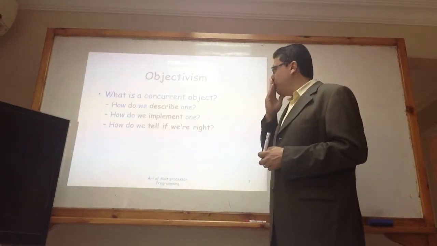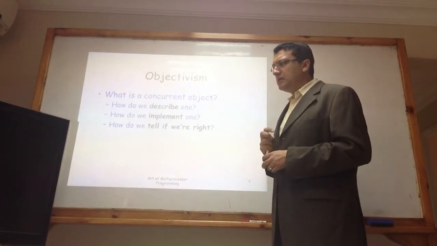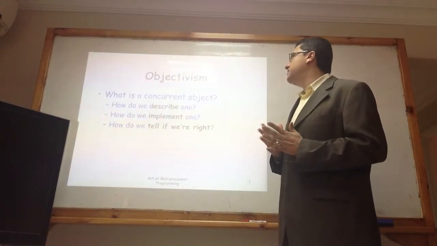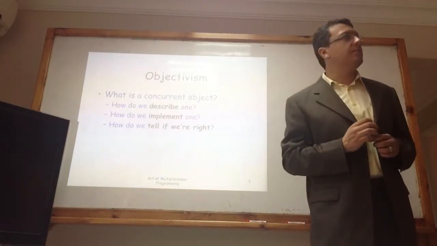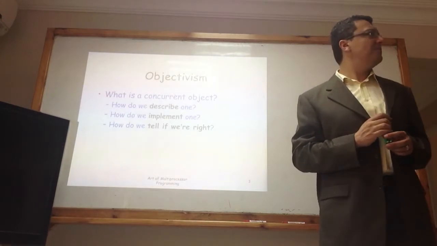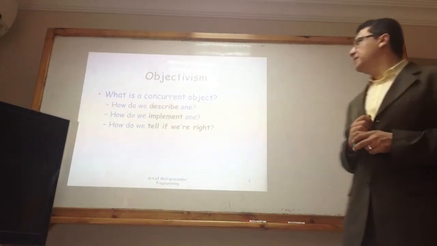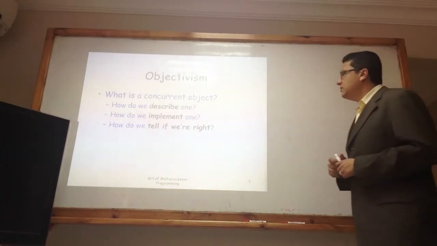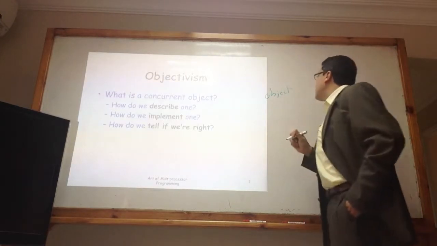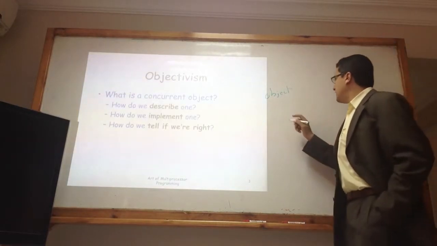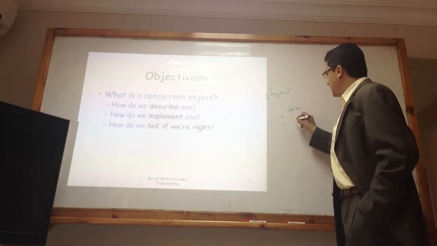Basically, what is a concurrent object? We want to start from the beginning. So what's an object? An object is just an abstraction from the software point of view. Usually, in an object you have some data, and you have some functions.